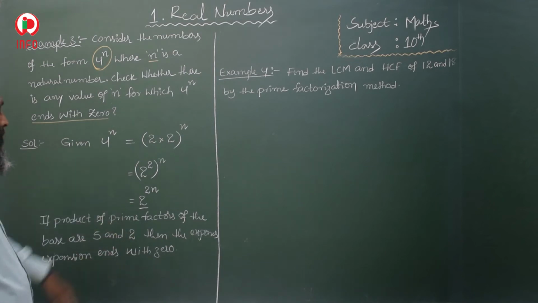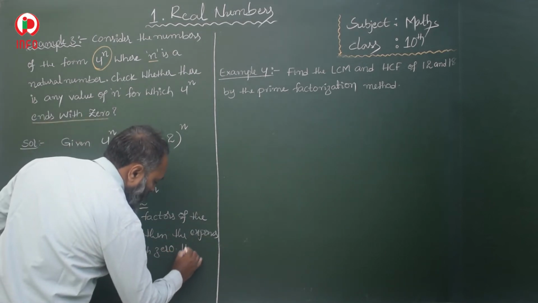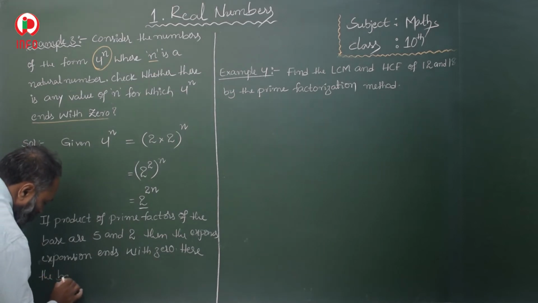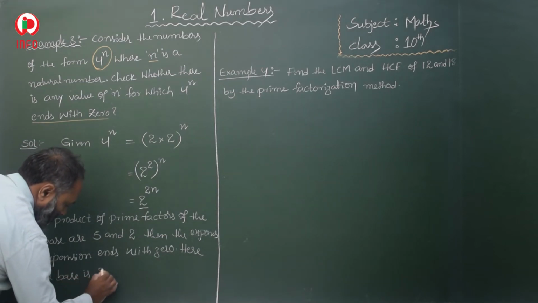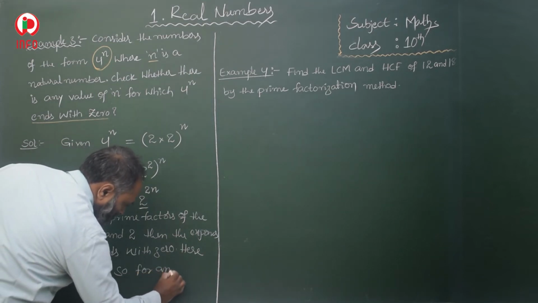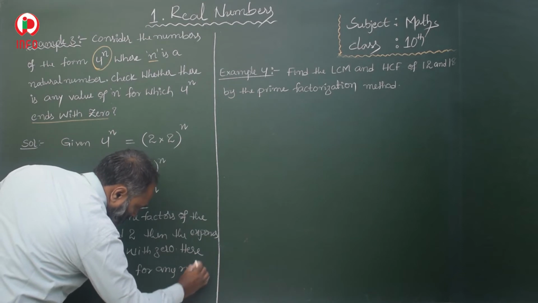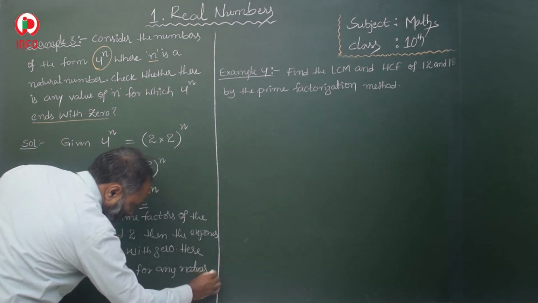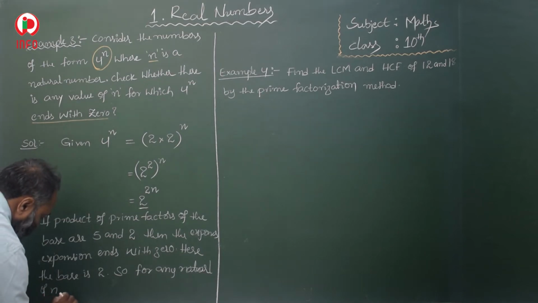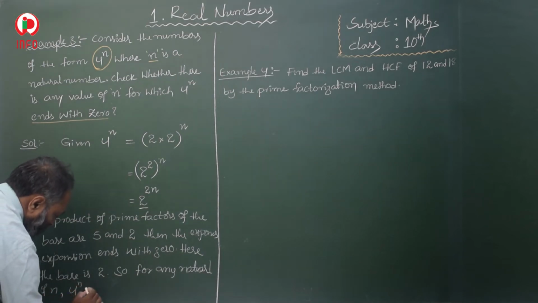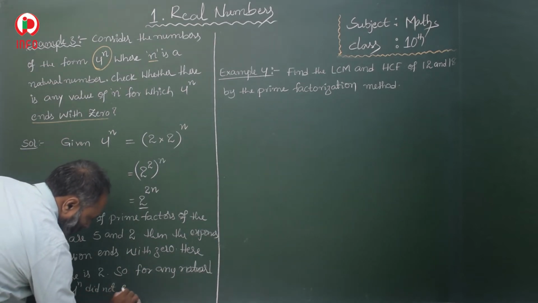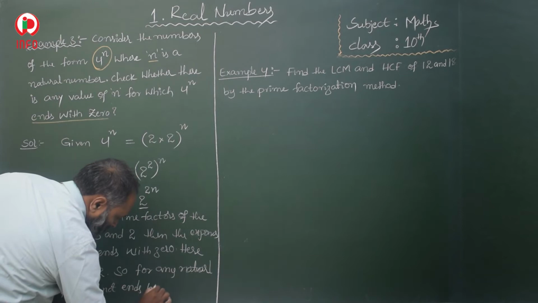Here the base is 2 only, so for any natural number n, 4 power n does not end with 0.